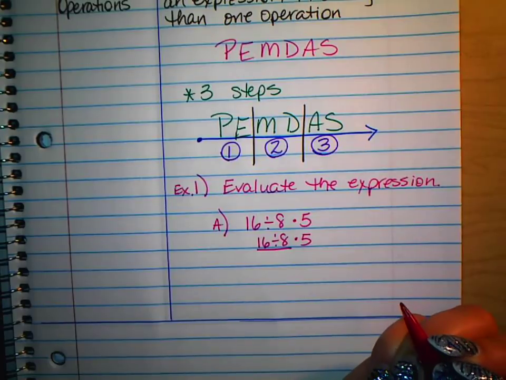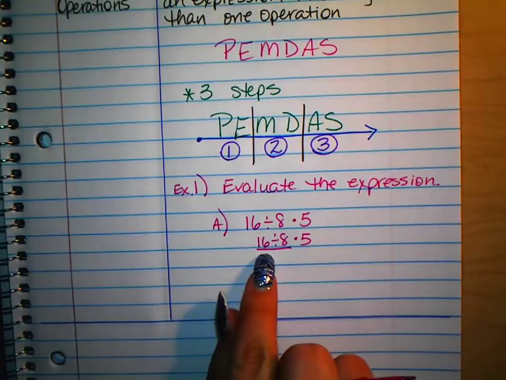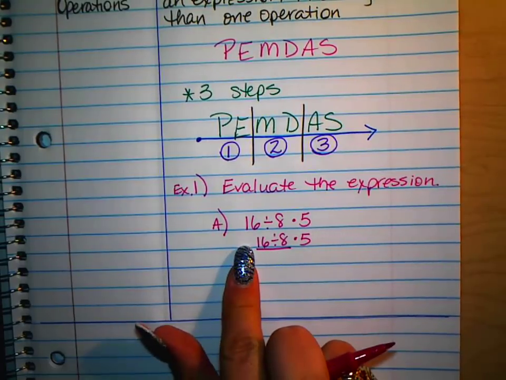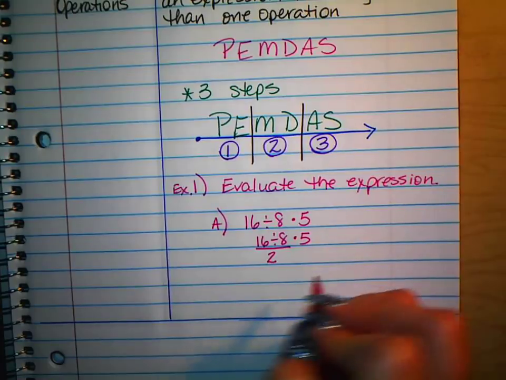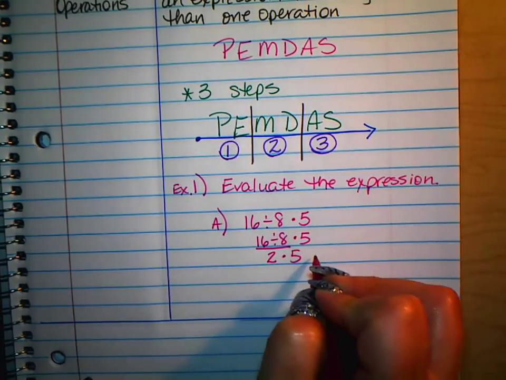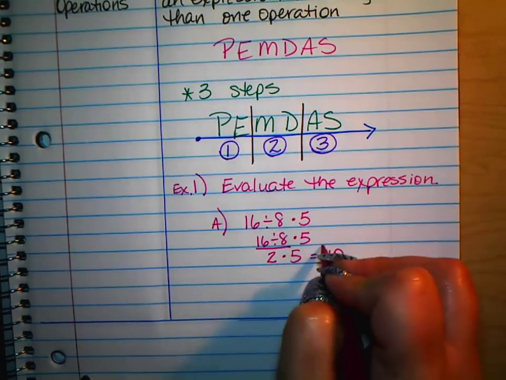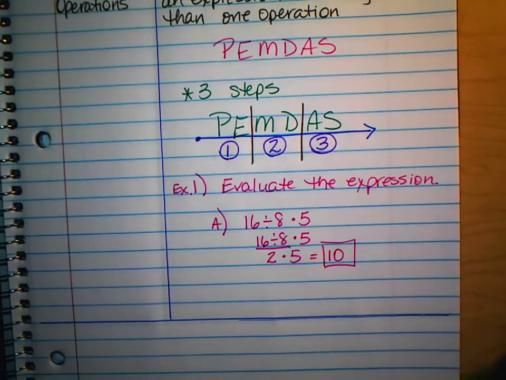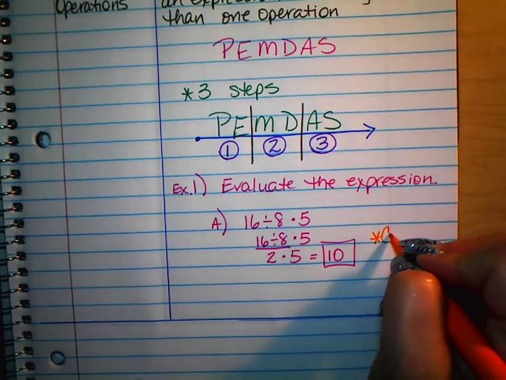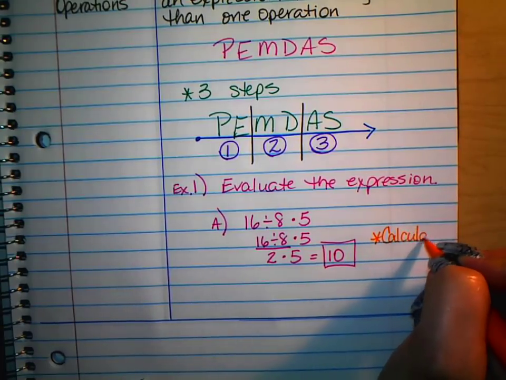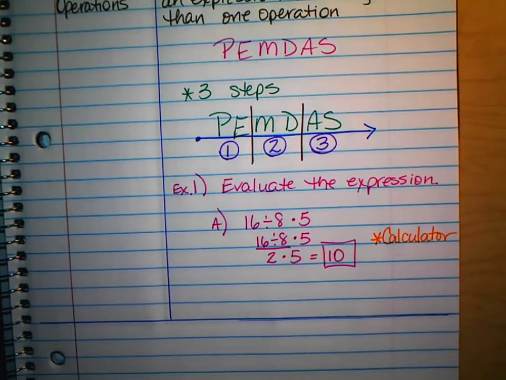I don't have any parentheses or exponents. This is the first thing I see going from left to right. So 16 divided by 8 is 2, times 5 equals 10. And normally at this point we would probably use the, guess what? Calculator.